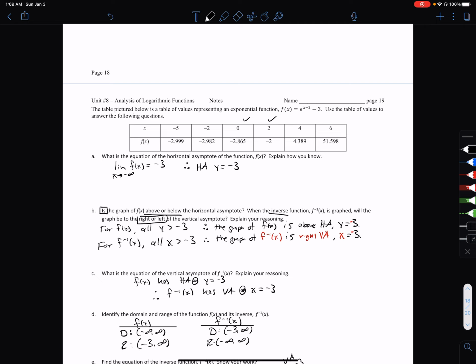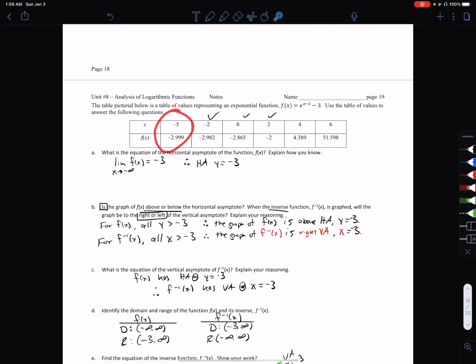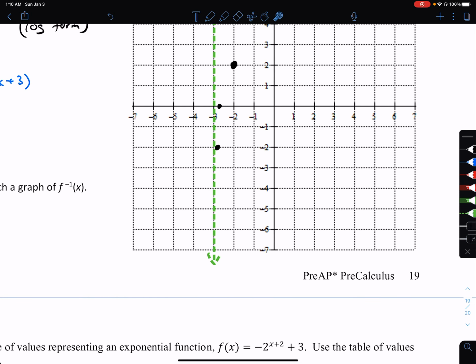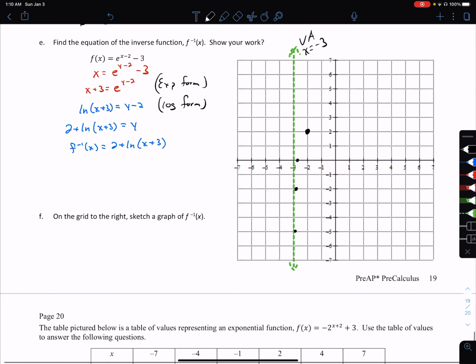As we go left, we're getting closer to the vertical asymptote. Another ordered pair that we could pick out that's not too bad. -5 is basically touching -3. I'm using the word basically there loosely. So the original ordered pair was (-5, -2.999). We reversed those, so left 2.99 and then down 5.